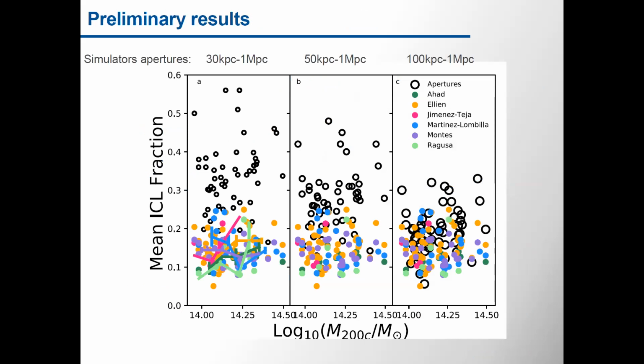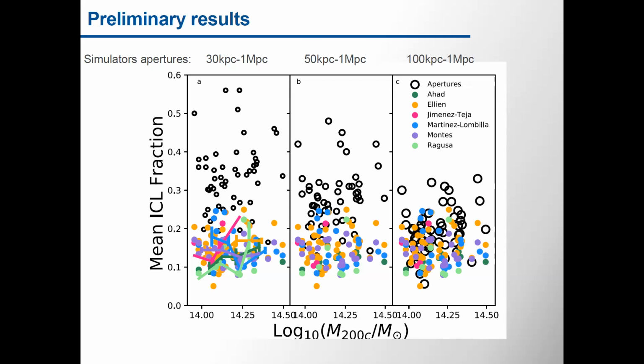So this is some of the preliminary results that we have. The color points are the measurements from the observers, and the open circles are the measurements from the simulations. Here we have different apertures for the simulators.